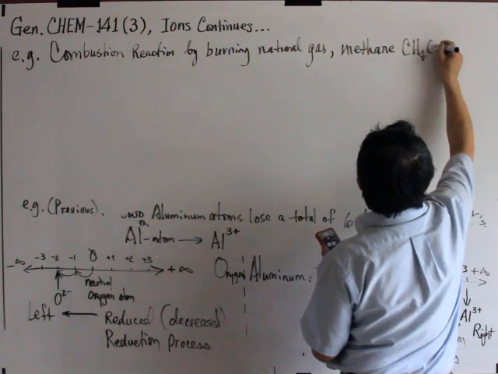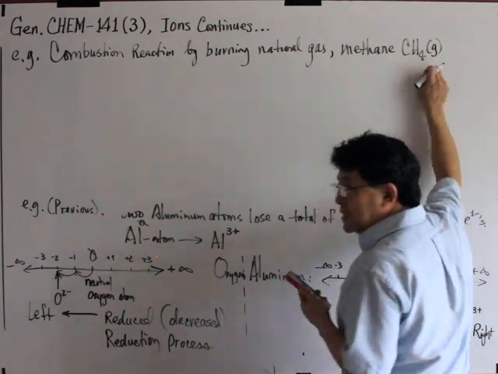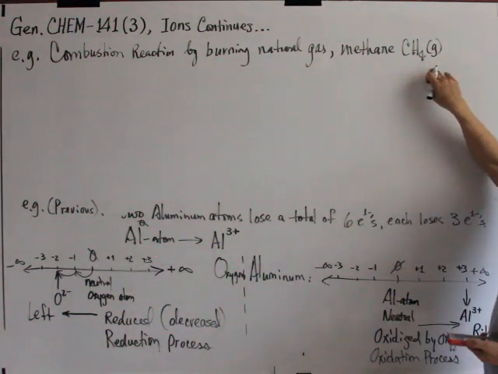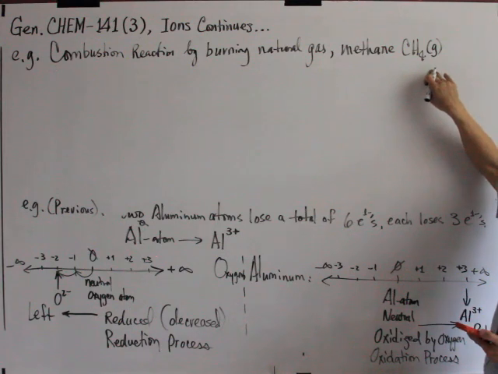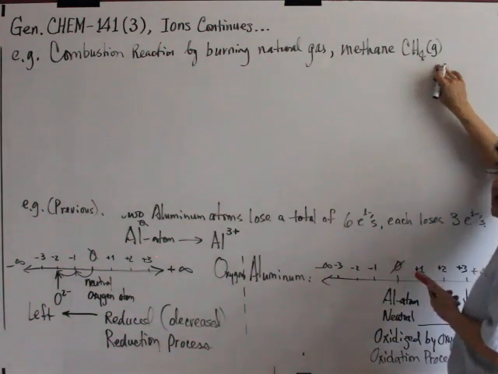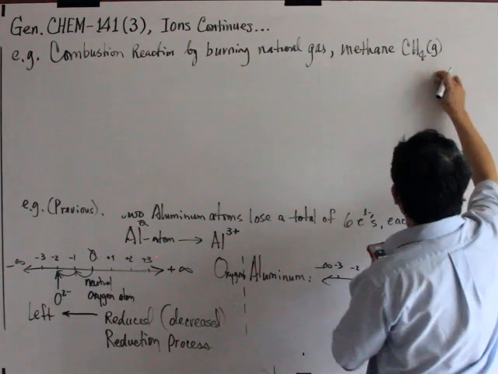CH4. Now the physical state is gas. I am a chemist, very, very picky about correctly written physical states in chemical reactions. Everyone else always ignores that one, but I'm not, right?